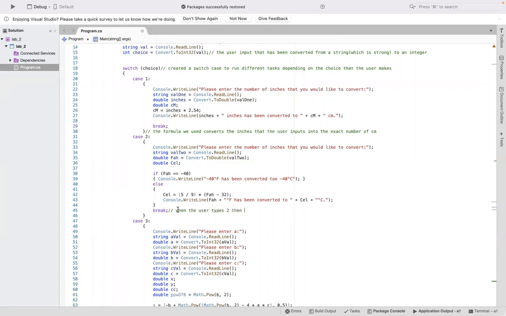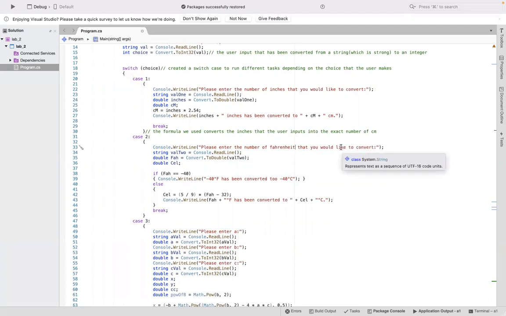On line 33, there's an error, but not an error, like, yeah, 33 in the console.WriteLine, Please enter the number. We just have to say Fahrenheit to Celsius or something like that. Yeah, right. Please enter the degree Fahrenheit that you would like to convert.